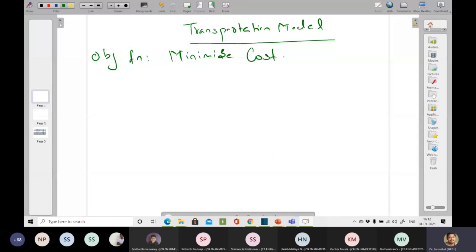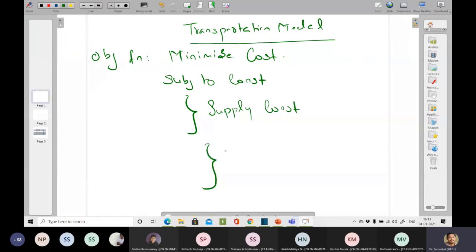And it will be subject to constraints. There will be sets of constraints, which are normally called the supply constraint, and there will be another set of constraints called the demand constraint.